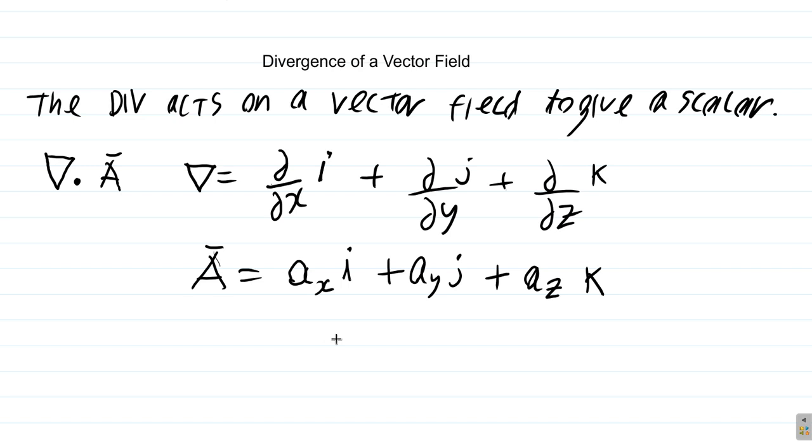Now, this is a dot product of del or nabla, whatever they call it, and the vector. Now remember, when you're doing the dot product, you multiply the coefficients of i in both cases.